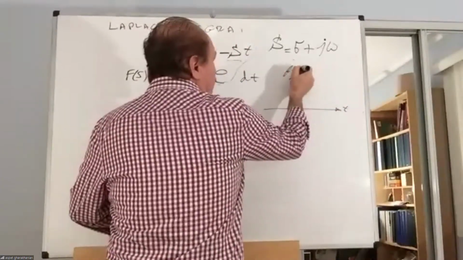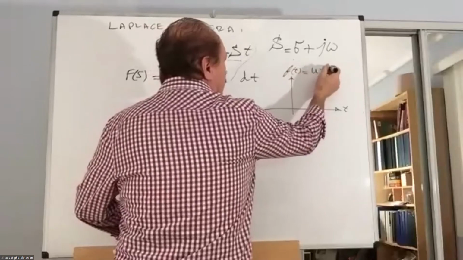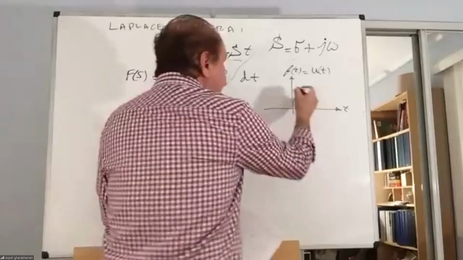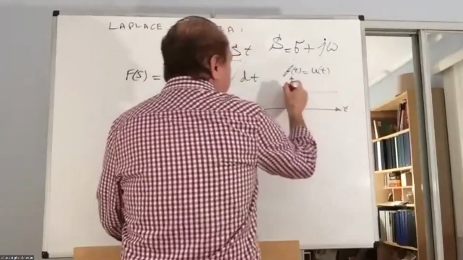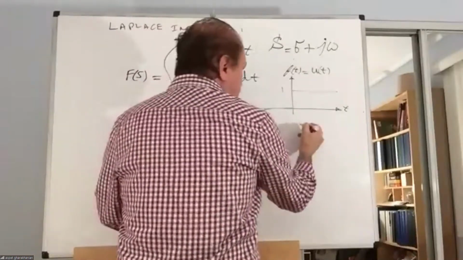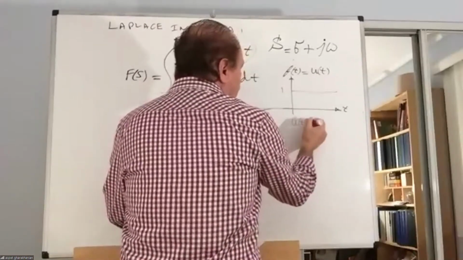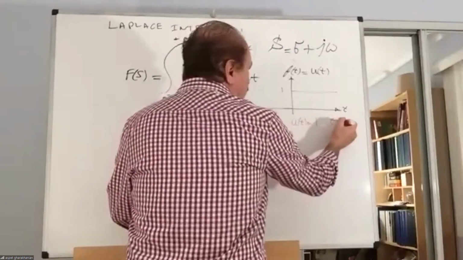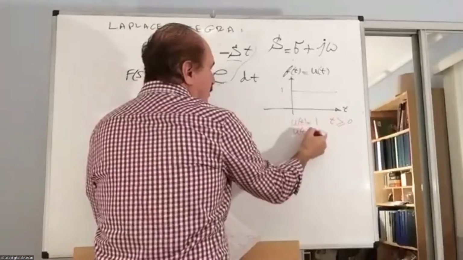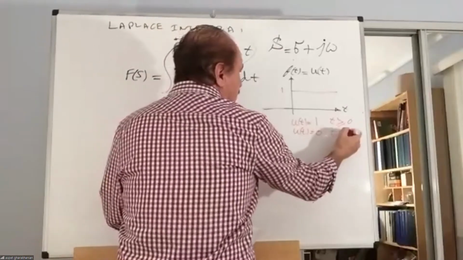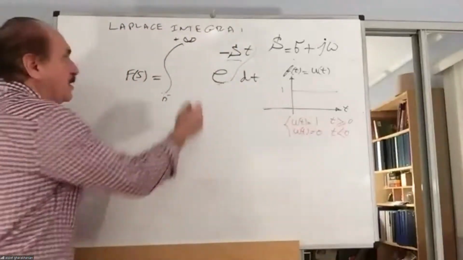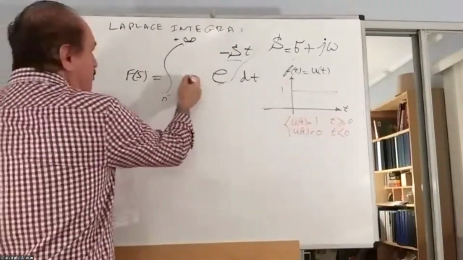This is f of t. It's called u of t, unit step. It's 1. Otherwise, it's 0. Mathematical description will be u of t is equal to 1 for t greater or equal to 0, and u of t is equal to 0 for t less than 0. So here we are going to post u of t.